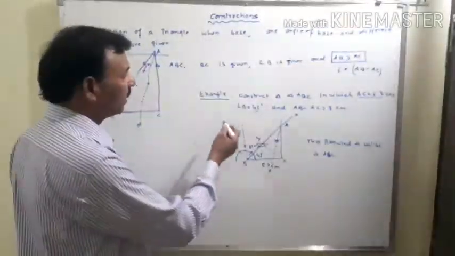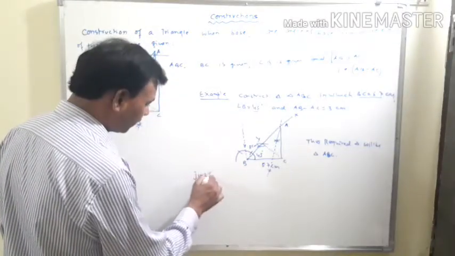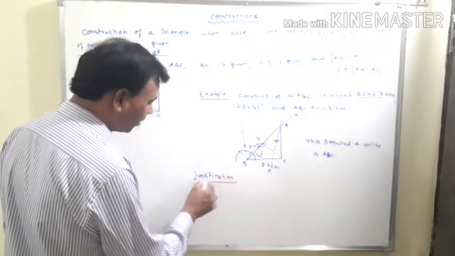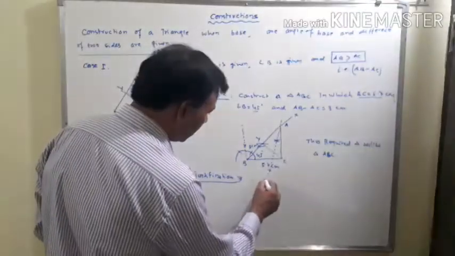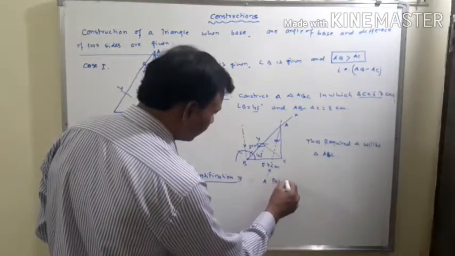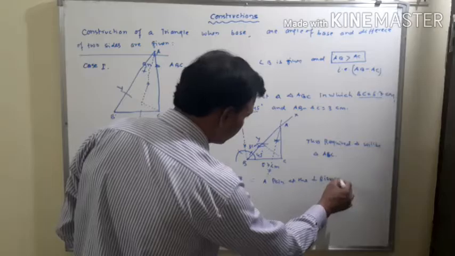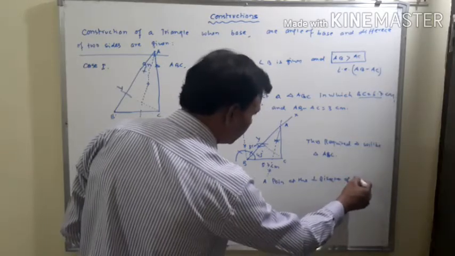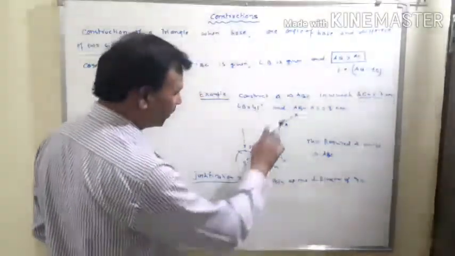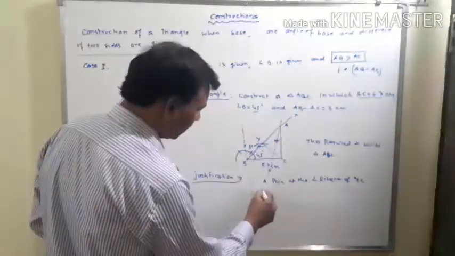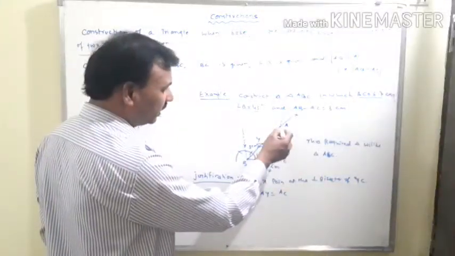Now we will discuss how to write the justification of this construction. Justification: since A is a point on the perpendicular bisector of YC, therefore AY equals AC, because A is on the perpendicular bisector.